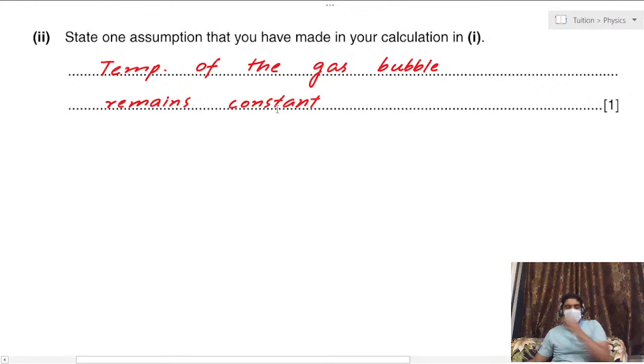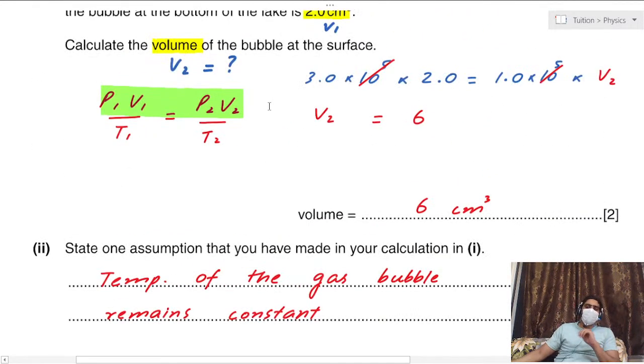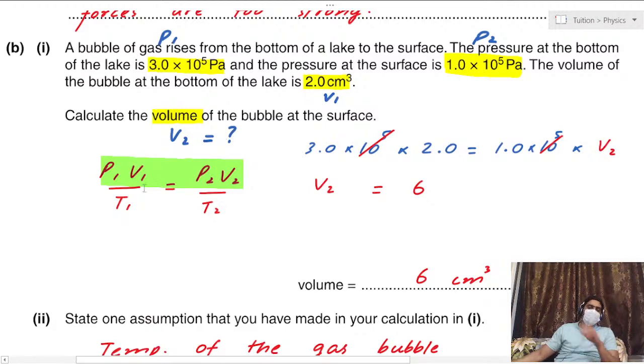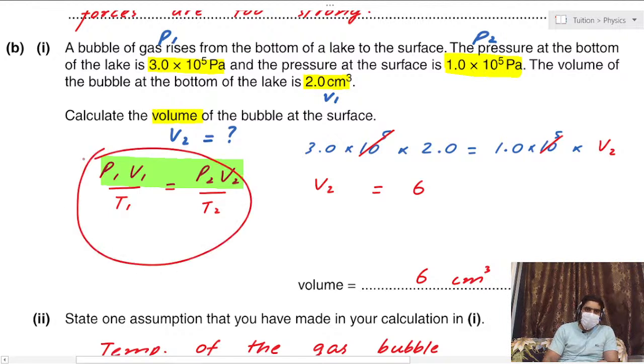All right, so you should be asking me the question: if we are solving a question in which there was a mention of temperature as well, and the temperature also changes, and we are applying the total formula, the whole of it, including the temperature, then what is the assumption there? What thing is constant in that case?